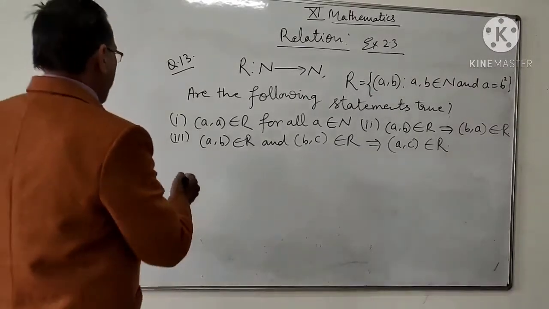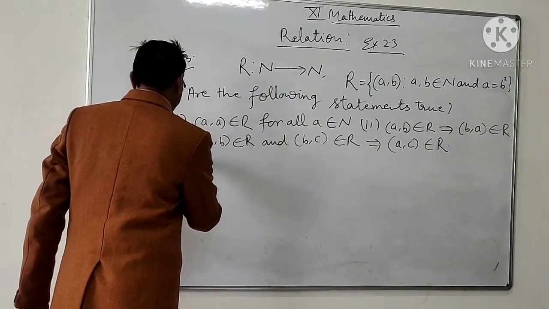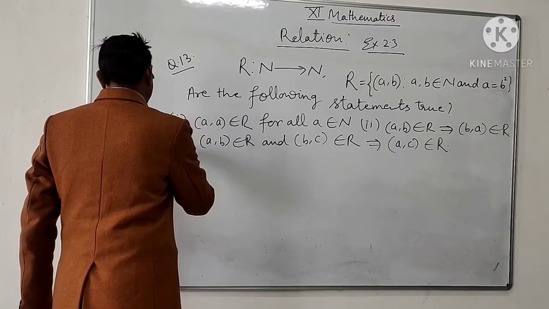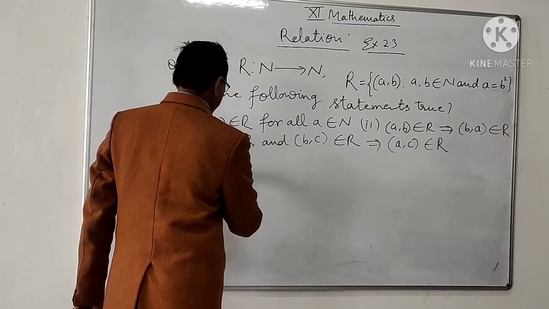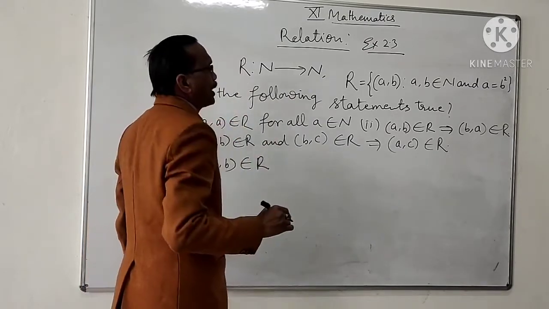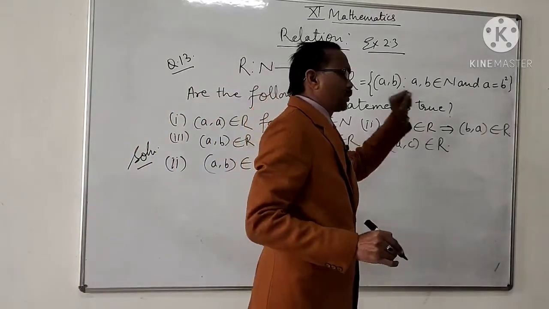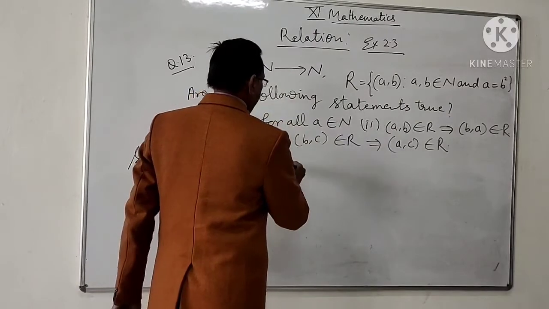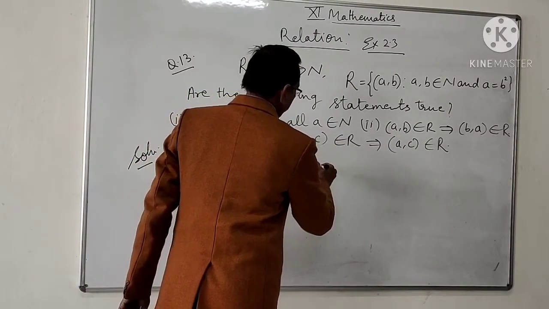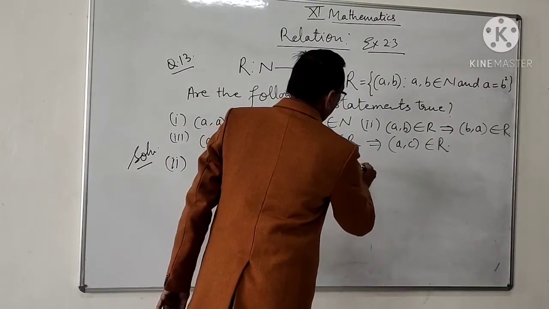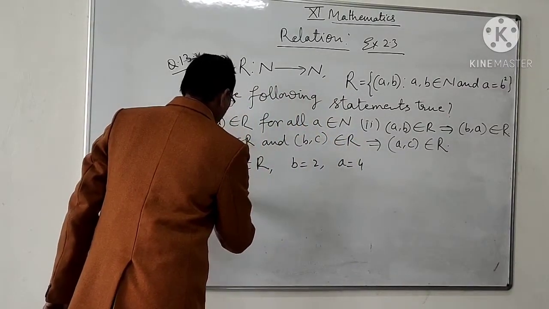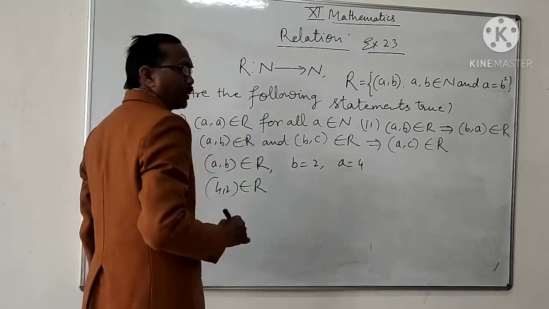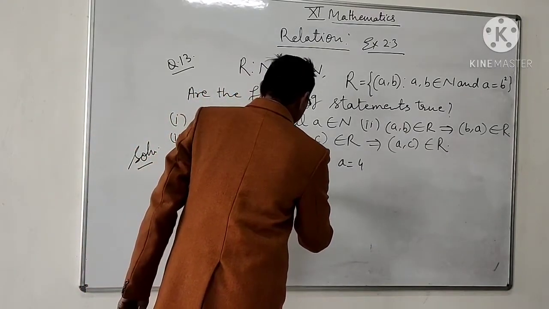Student, for the second part, the condition is: if (A, B) belongs to R and A and B are natural numbers. Let B equal 2, then A equals 4. It means (4, 2) belongs to R. Now, let us check (2, 4).